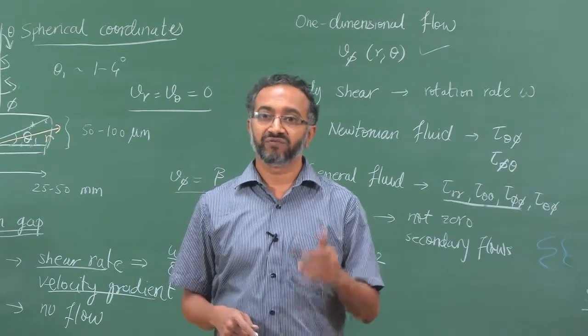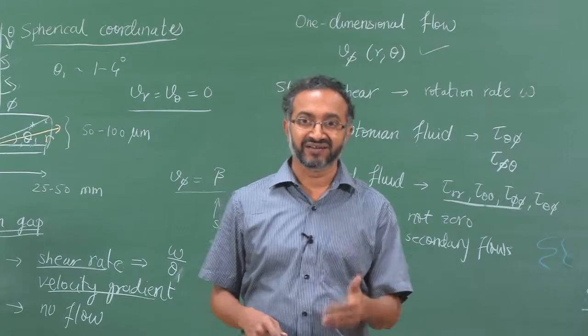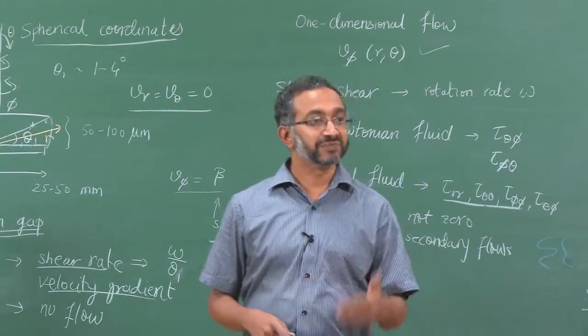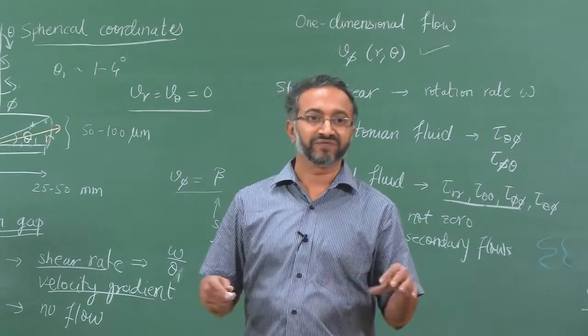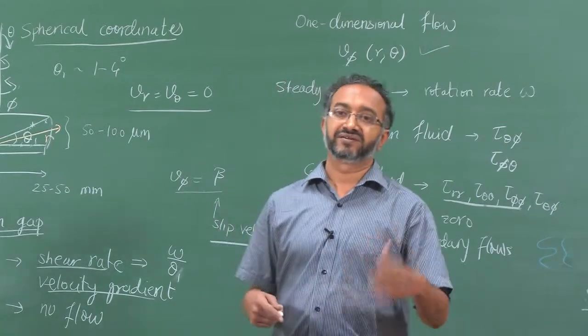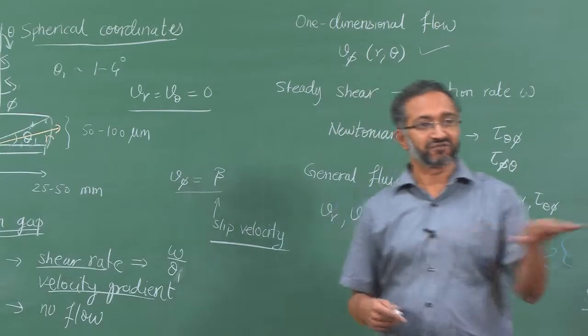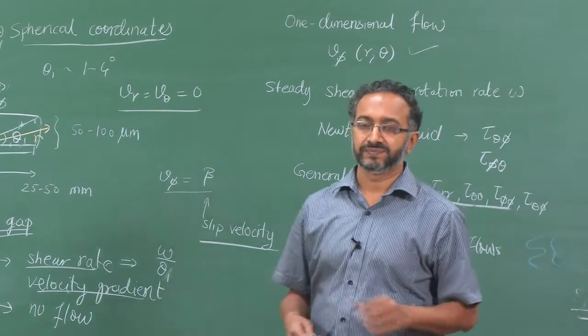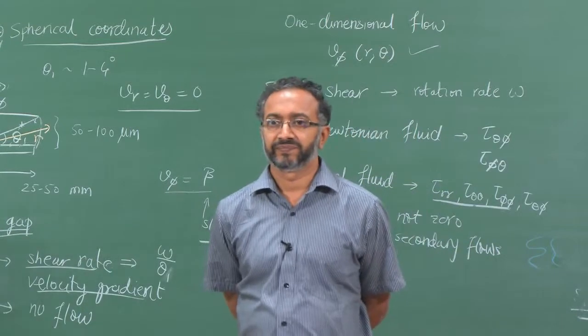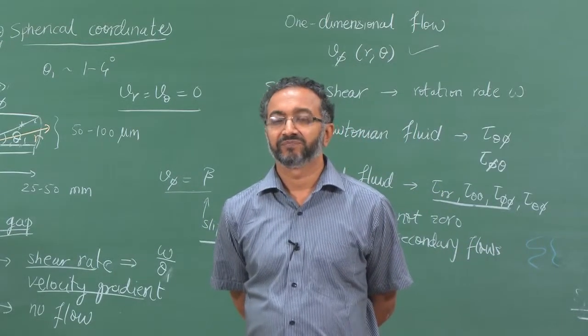If I make a cone of 1 degree or 0.5 degree I am better, but then some of the machining aspects, and how to get a cone of such a small angle with repeatability of tolerances, may not be possible. As we are decreasing the angle, we are going very close to a parallel plate.